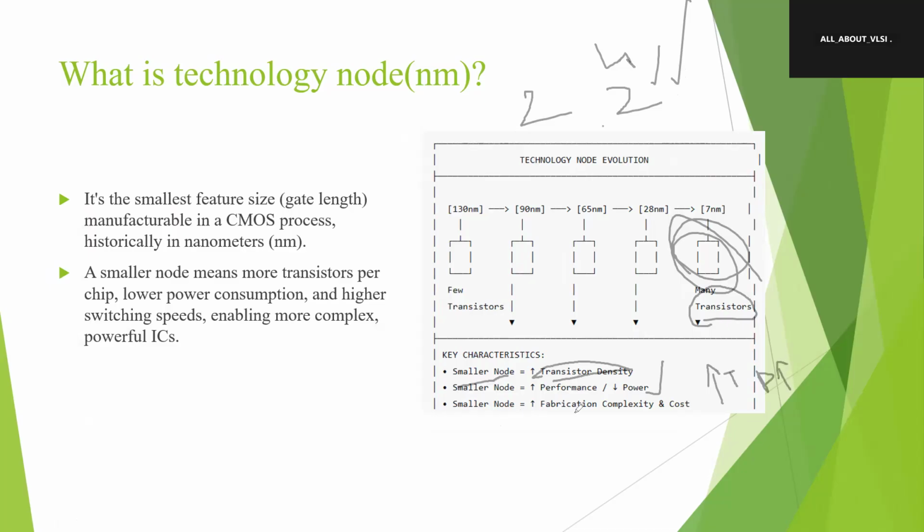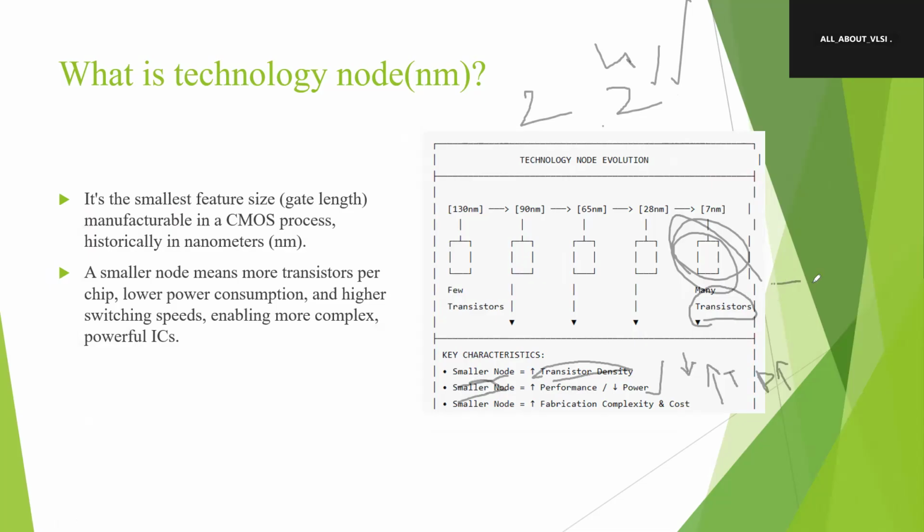Okay. And as performance increases, our power decreases. Why does power decrease? Because our gate size decreases, the gate length in smaller nodes, right?